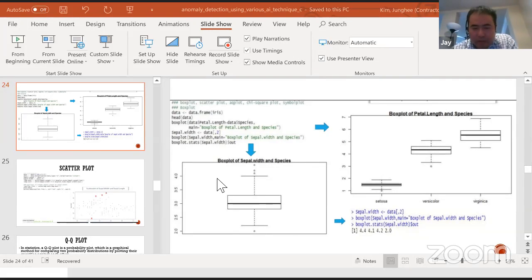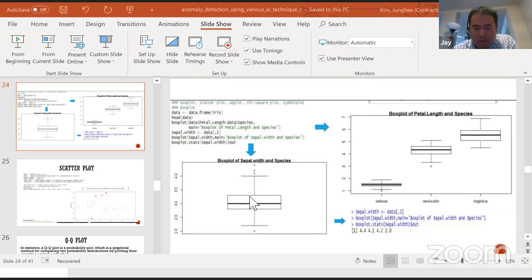So the max value is here. 1/4 of the data is at the top, from the median, right?